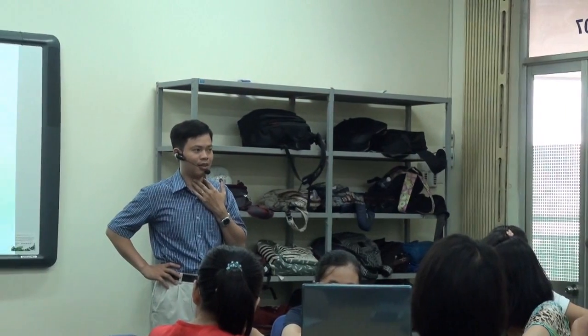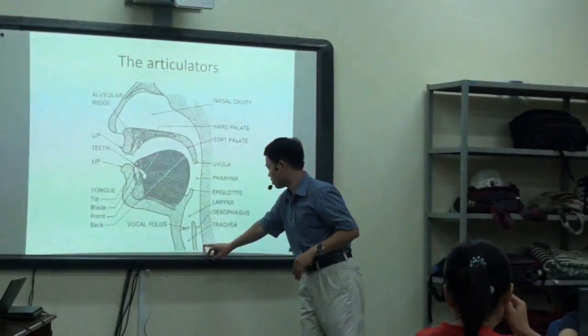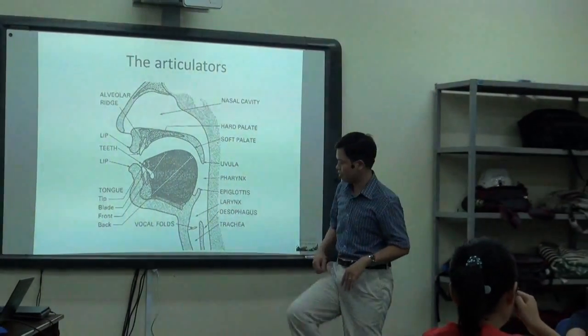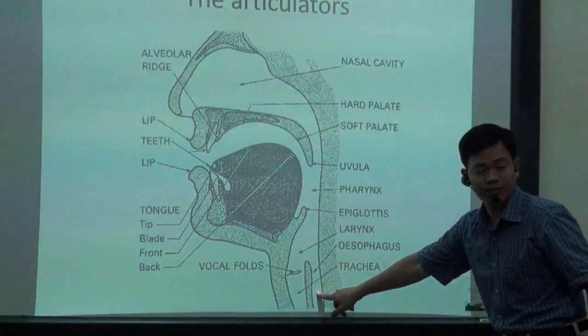But there are sounds like "ma", "na", which are voiced. So sounds go through the trachea. Oh, there is another tube called the esophagus. What is it used for?